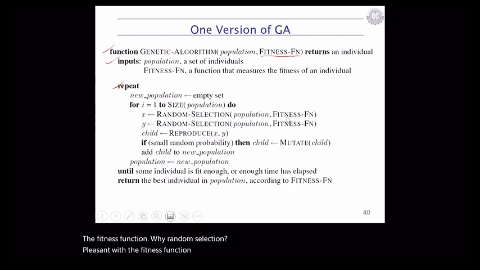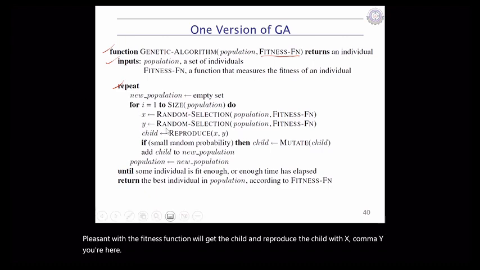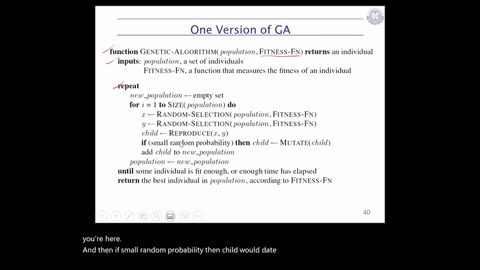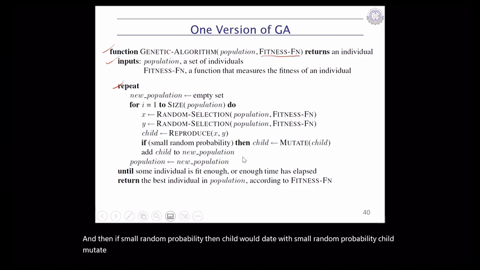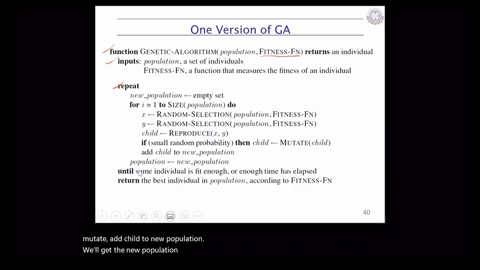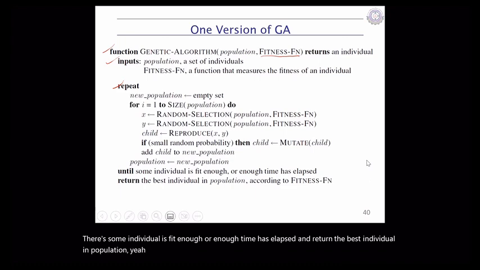We get the child by reproducing with x and y. And if small random probability, then the child mutates. Add the child to the new population. We repeat until some individual is fit enough or enough time has elapsed, and return the best individual in the population, according to the fitness function.